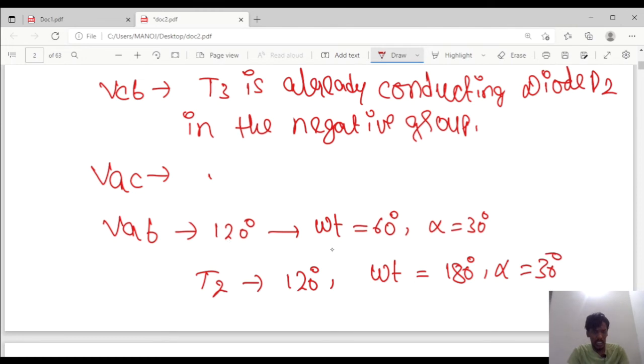So this is the conduction. The thyristor T2 will be triggered at omega t equal to 300 degrees also, and next after T2, T3 will conduct. So this is the waveform.